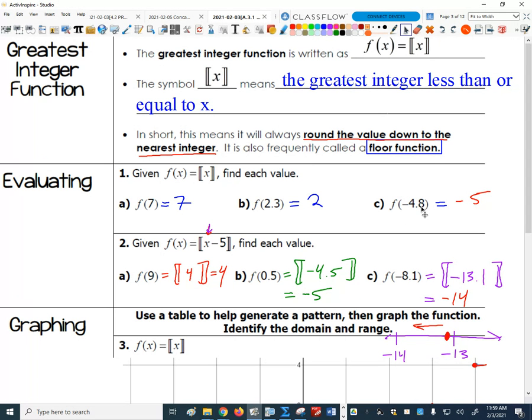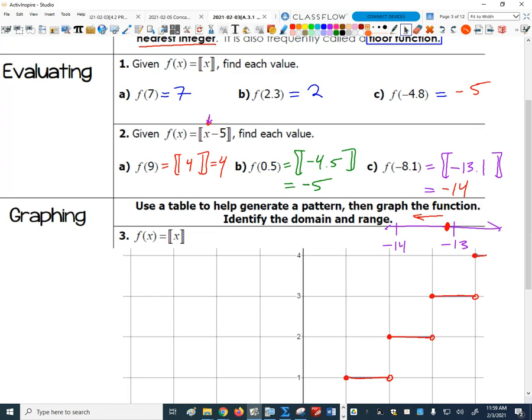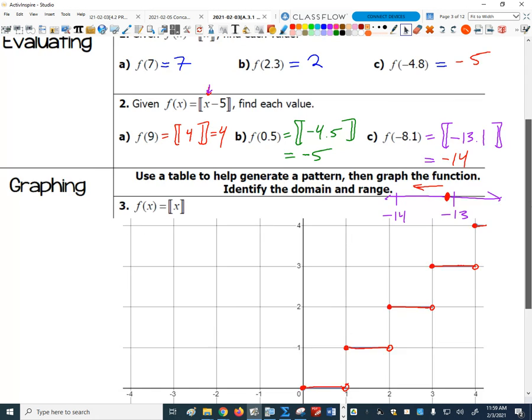If I enter a -4.8, the greatest integer that's less than or equal to -4.8 is -5. And just like we said the other day, imagine that you're just sliding a bead to the left until it hits a knot. There are knots at all of the integers on your number line. You're just going to slide the bead along that string to the left until it hits a knot. That's how you can think about that process.